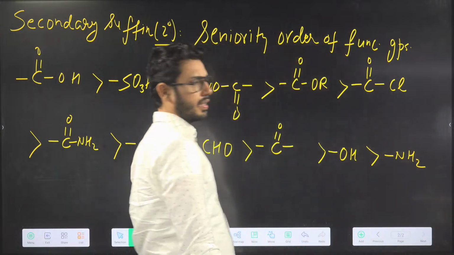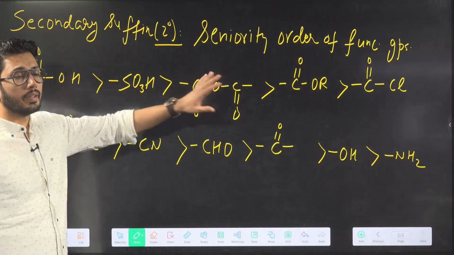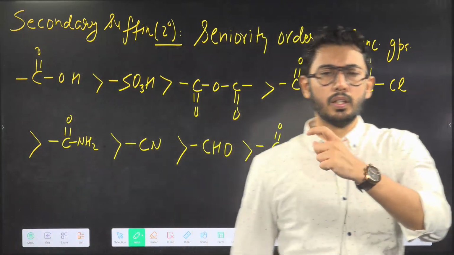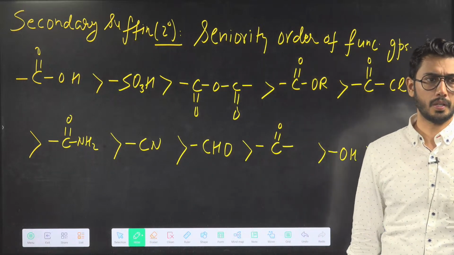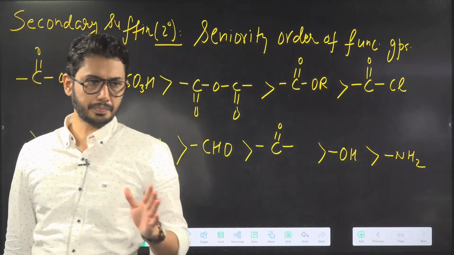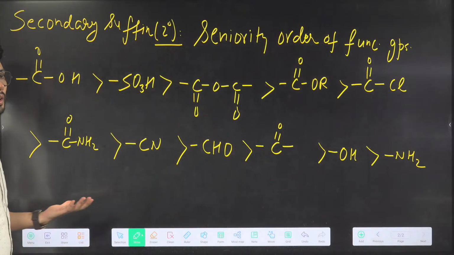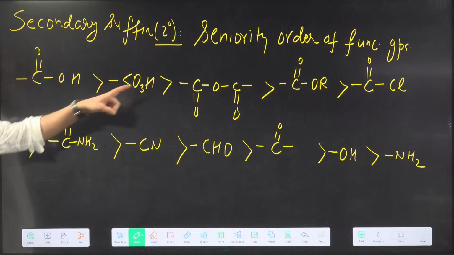Thiol is not required in NCERT, nowhere given. Anhydride is separately not given in the IUPAC, but its example is given under carboxylic acid. So only a little idea, not details of anhydrides or complicated examples, just how to write the IUPAC name of anhydride. It is the seniority order.